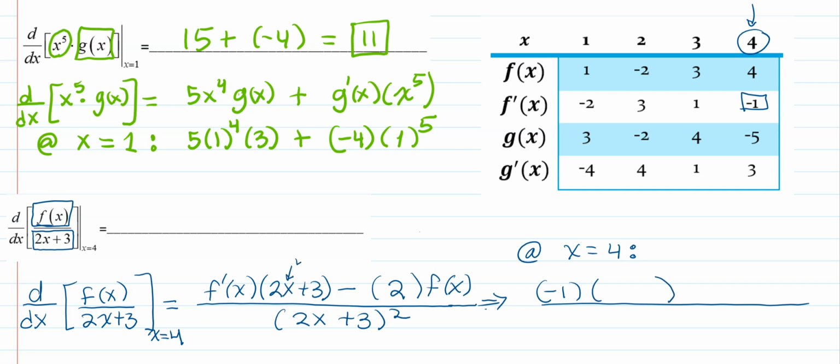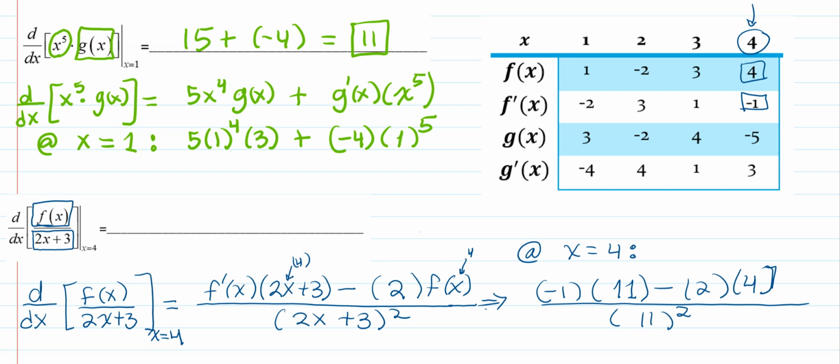When x is 4, you have 4 times 2 is 8 plus 3 is 11, minus 2 multiplied by f of 4. And f of 4 is 4 times 4, all divided by 11 squared.